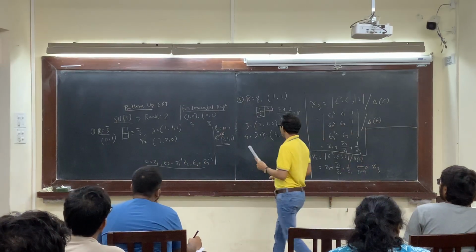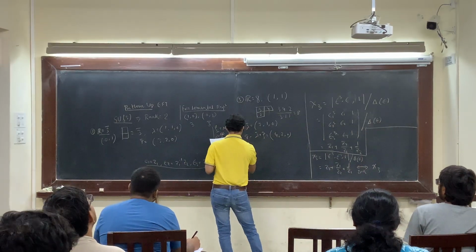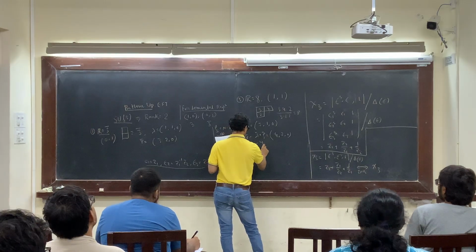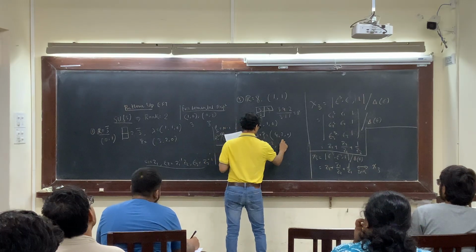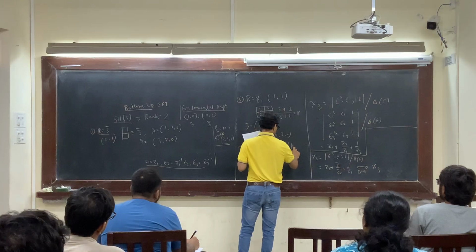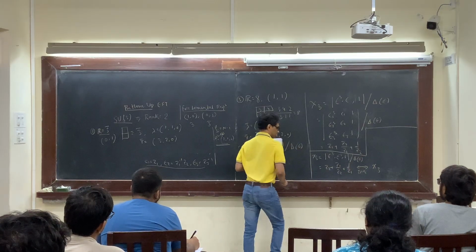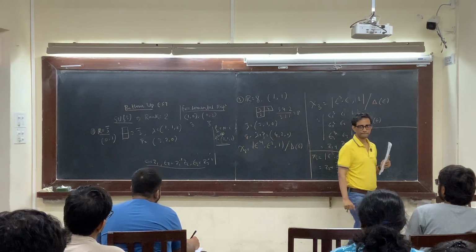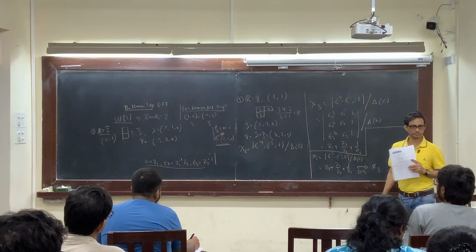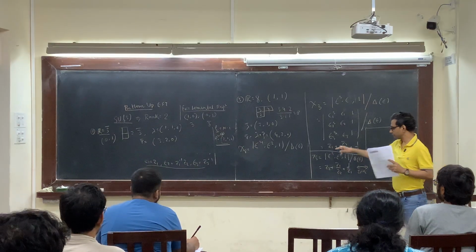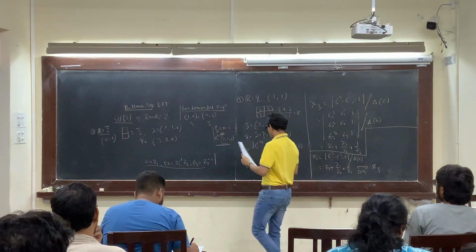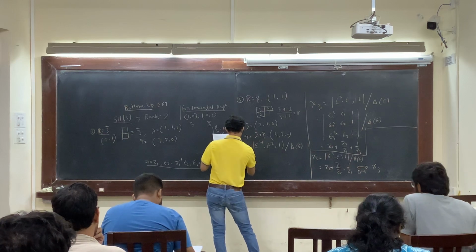So then, what will be my chi 8? Chi 8 will be epsilon to the power 4, epsilon 2, 1, and then again the same delta epsilon. Right? And if you calculate this, what will you find?